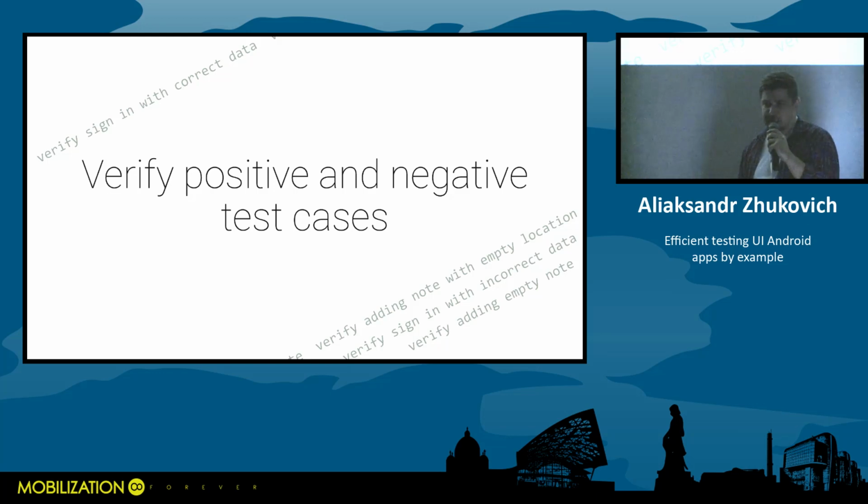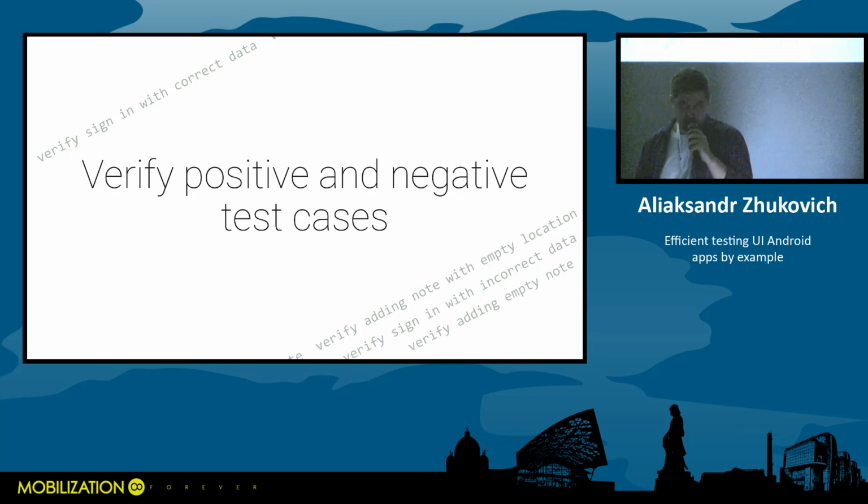This problem, I think, mostly concerns acceptance or end-to-end tests, because acceptance tests are really long, and many companies have a great idea: okay, we should cover only positive cases. It works sometimes, but mostly it's awful.